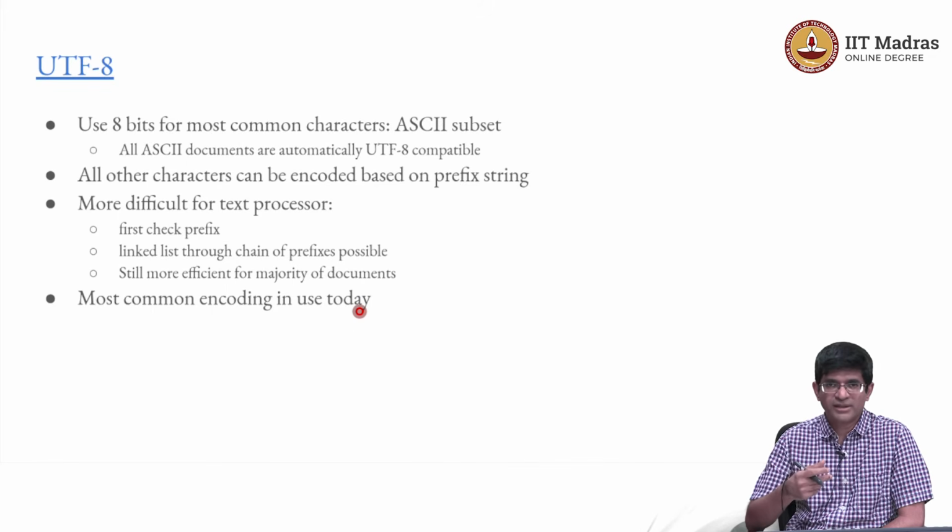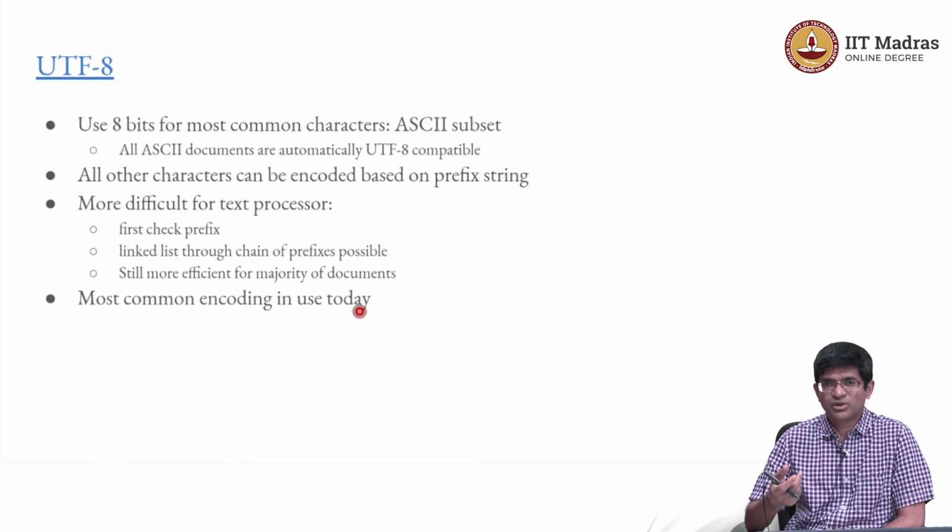All of those things will be done based on the UTF-8 encoding. And what you will see is that pretty much most websites today have a meta tag in them which mentions that the character set being used is UTF-8.